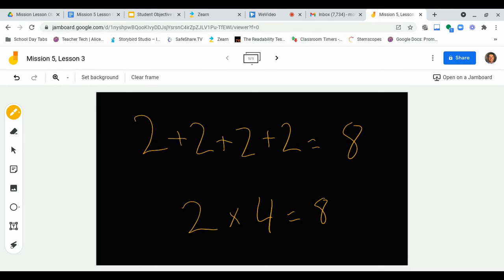That's what multiplication is, right? It's basically repeated addition. These are two ways of saying and doing the same thing. 2 plus 2 plus 2 plus 2 is the same as 2 times 4. Why am I talking about this and not fractions? Because it's the same with fractions.